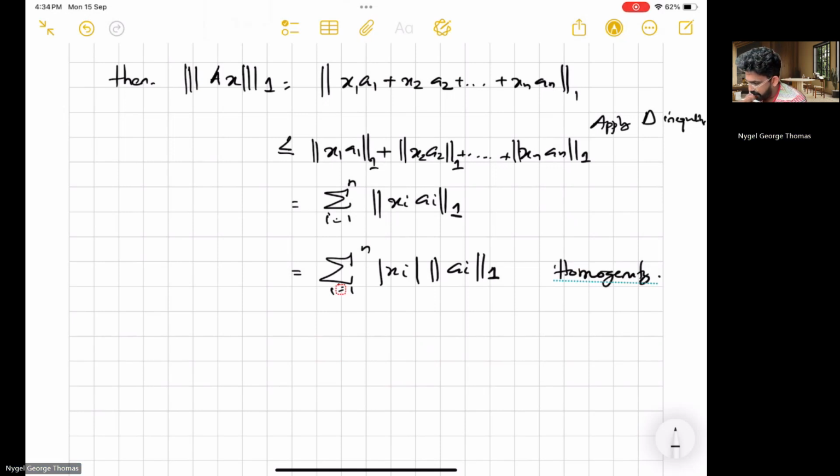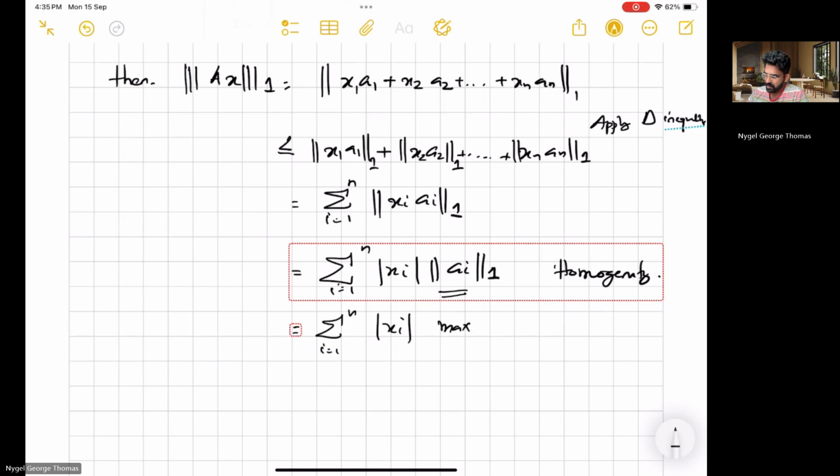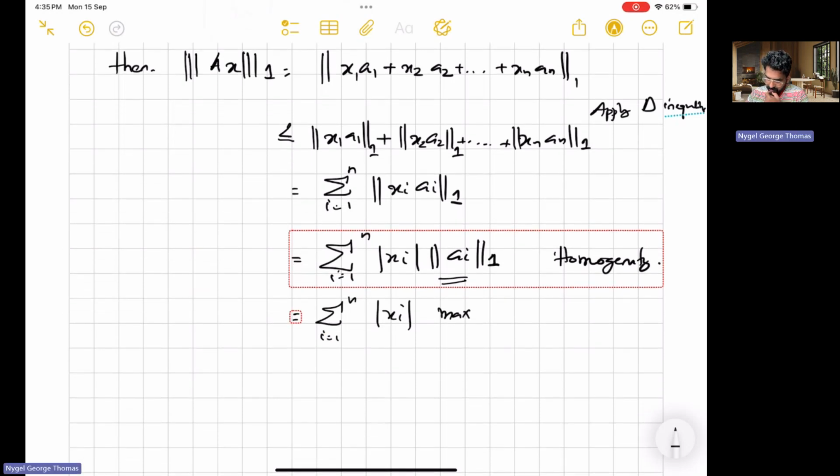Now, here we are taking the L1 norm of ai, but instead we can take the max over i.